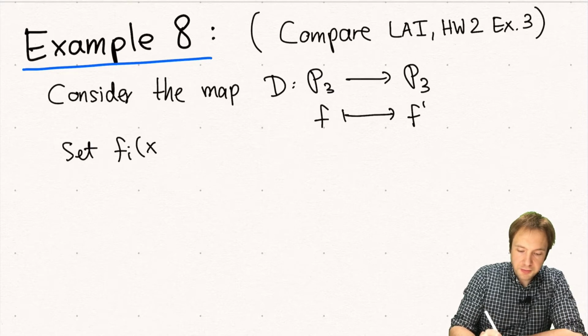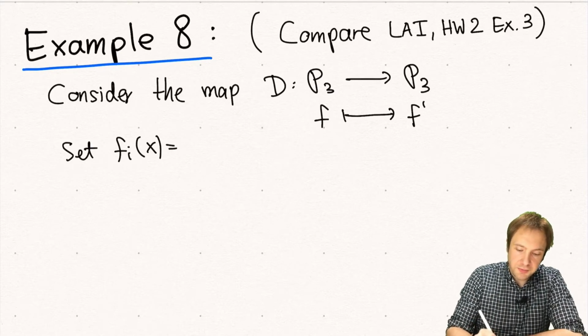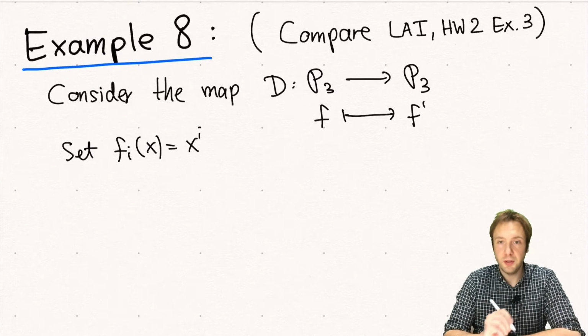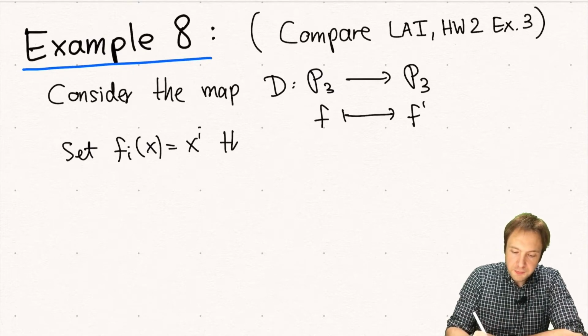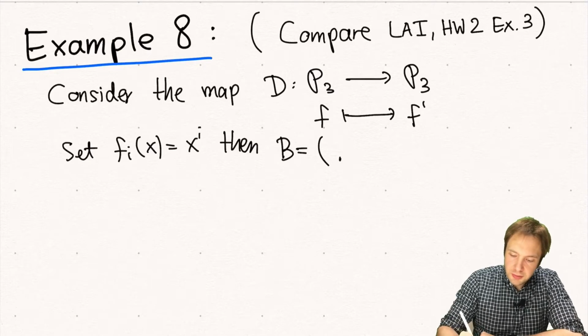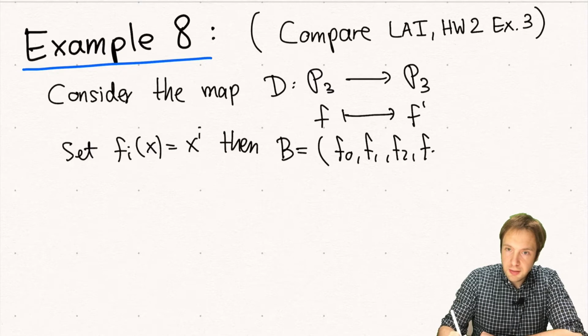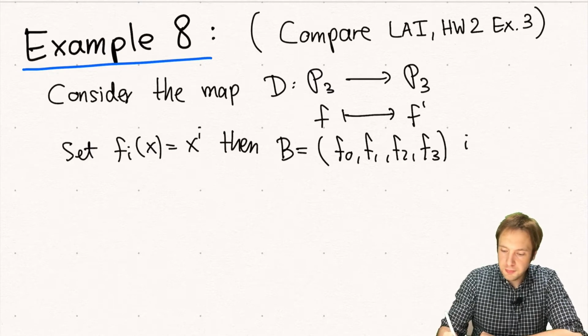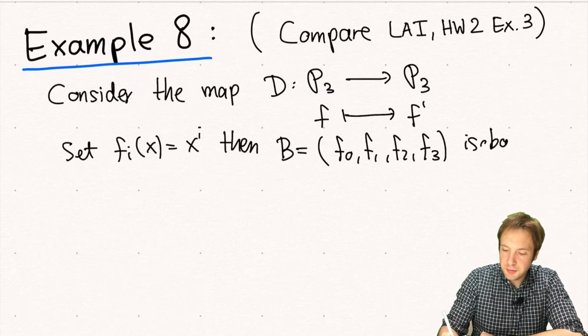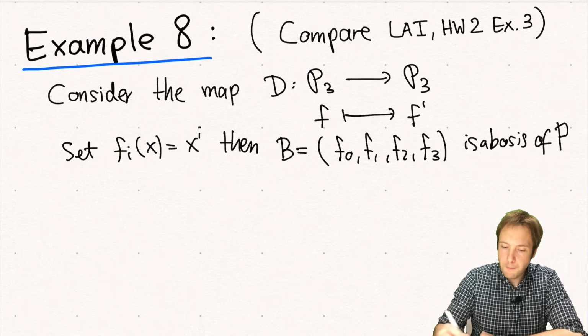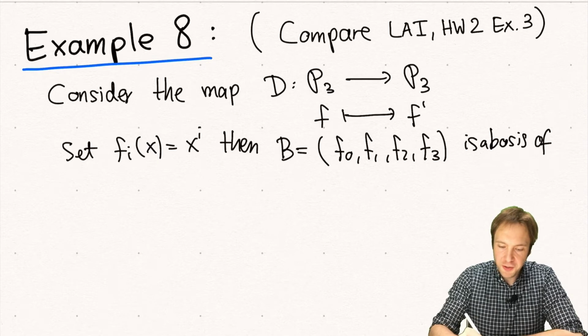We say that fi of x is just the monomial x to the power of i. Then the tuple f0, f1, f2, and f3 is a basis of P3.